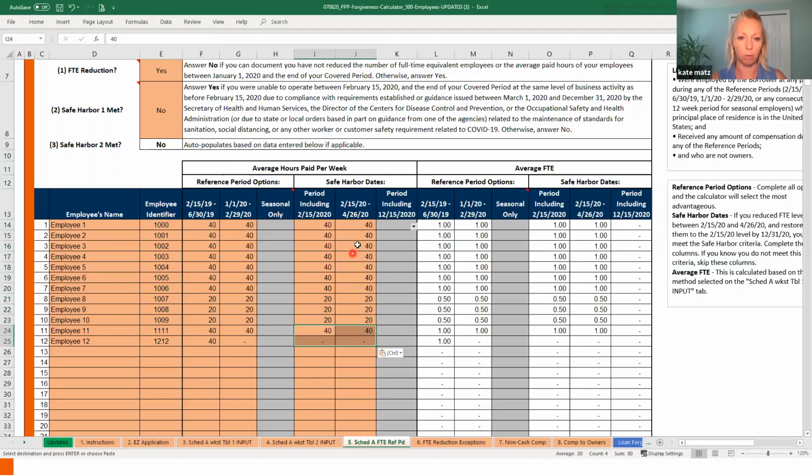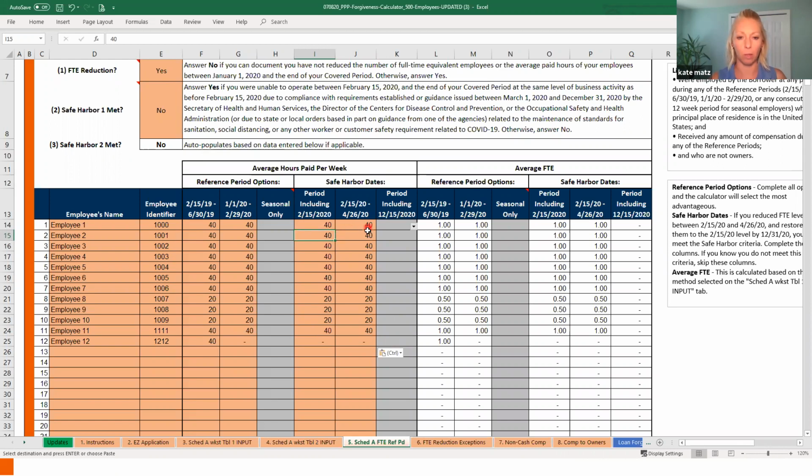And as we do that, again, we're eligible for this safe harbor if we had a reduction from 2/15 to 4/26, then we've got the opportunity to come back and cure that reduction by the date that we submit our application, which we're estimating to be 12/15.